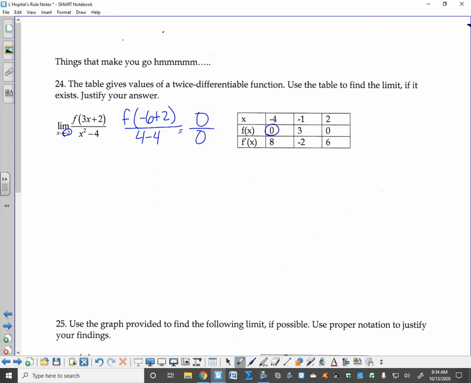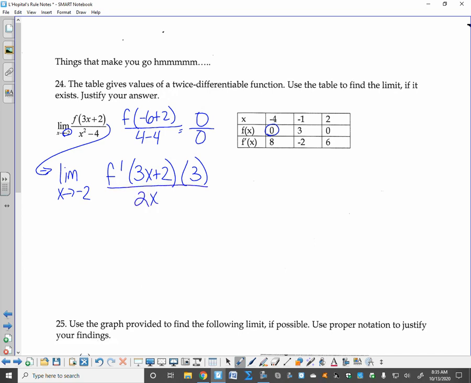So I invoke the rules of L'Hopital to turn that limit into the limit as x approaches -2 of f prime of 3x plus 2. Now watch, times 3 because that's the duck, that's the inside, over 2x.